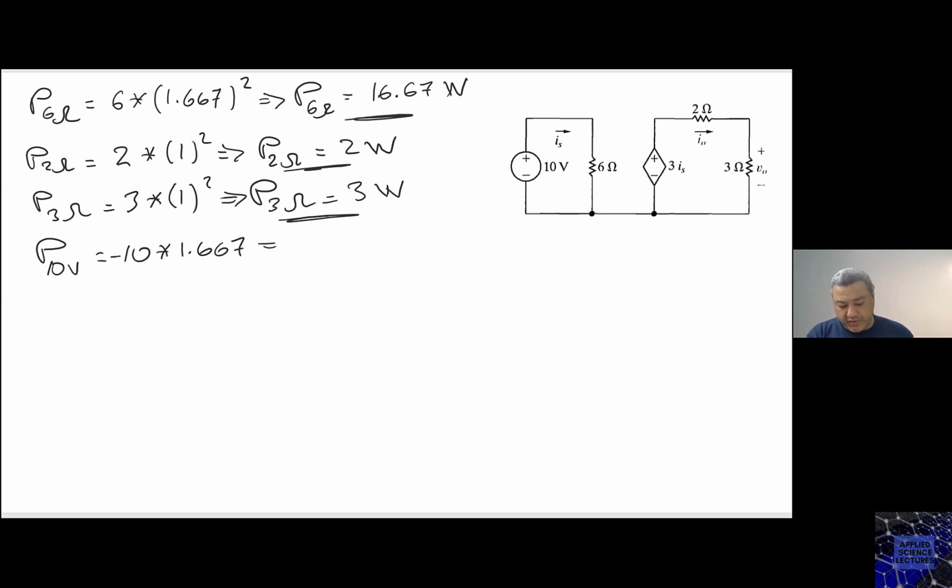Negative, right? Why? Because IS is entering the negative, so minus 16.67.